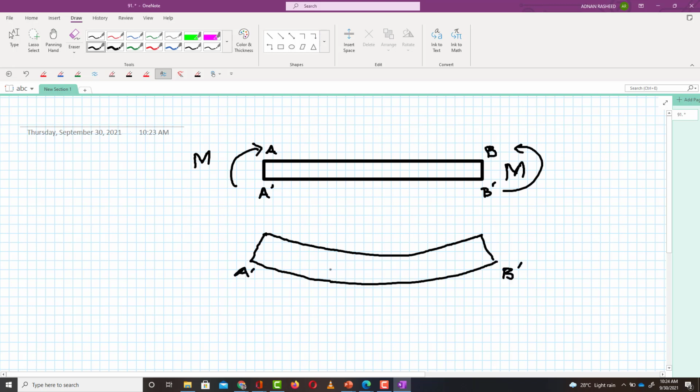The length below will be increased, and there will be a decrease in length above, because this concave surface is in compression and this convex surface will be in tension. Clear? So there will be an increase in the length below because this surface is in tension, while this surface is in compression.